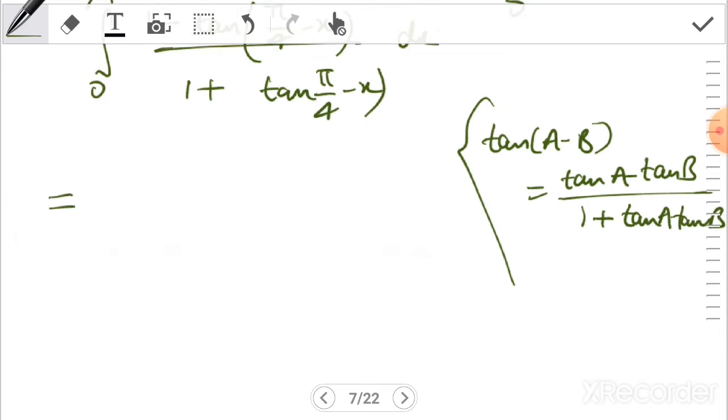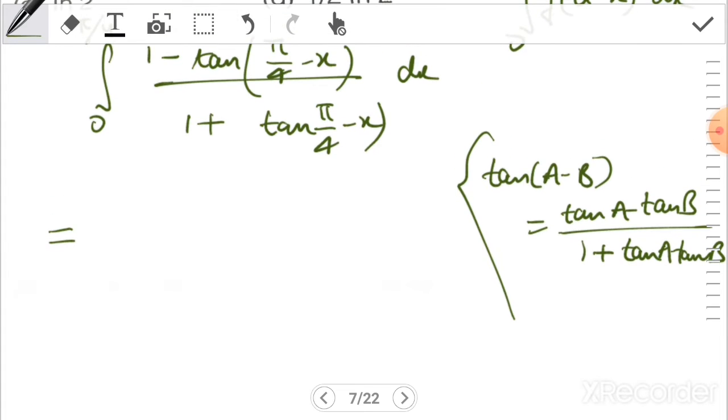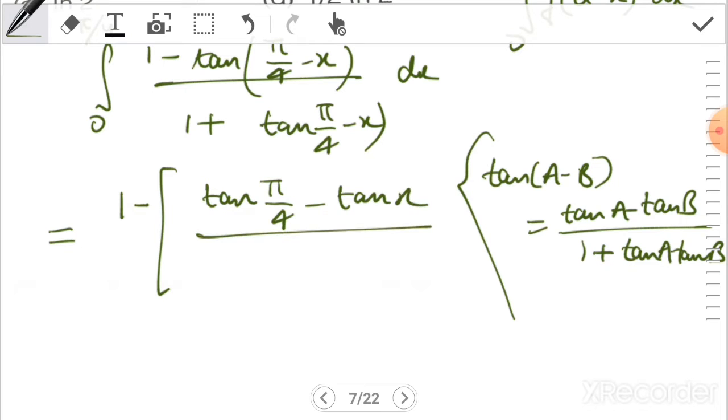So now if we expand, 1 minus tan pi by 4 minus tan x and 1 plus tan pi by 4 tan x. Tan pi by 4 is nothing but tan 45, and we have tan 45 as 1.